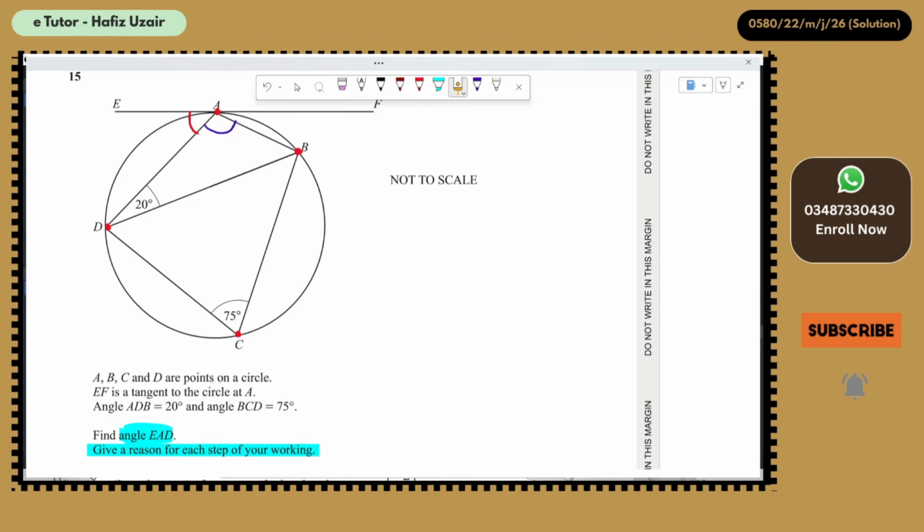So now let's write the name of this angle that is forming over here. This angle is DAB. So I can write DAB is equal to 180 degrees minus 75 degrees. 180 minus 75, if I do this, I will get 105. So I will get 105 over here. Now what is the reason for this?